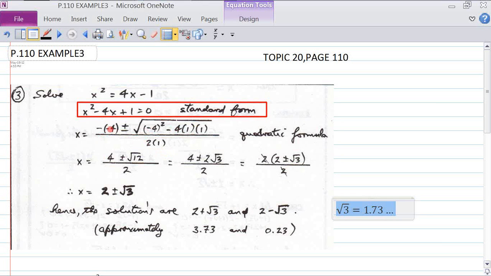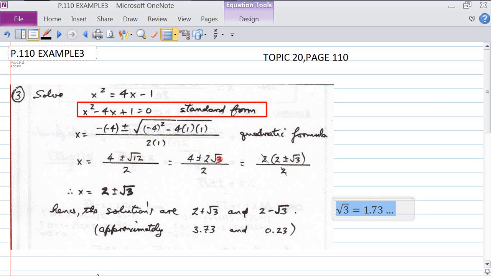give you the answer. So here, minus b is minus minus 4, plus or minus the square root of b squared, minus 4ac, where a is 1 and c is 1. So this becomes 4, plus or minus the square root of 16 minus 4, which is 12, over 2. Now this we can just write as the square root of 4 times 3, and the square root of 4 is 2.